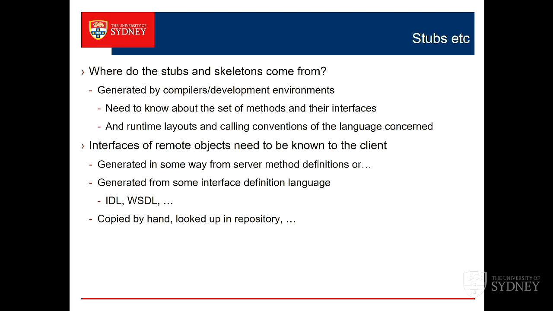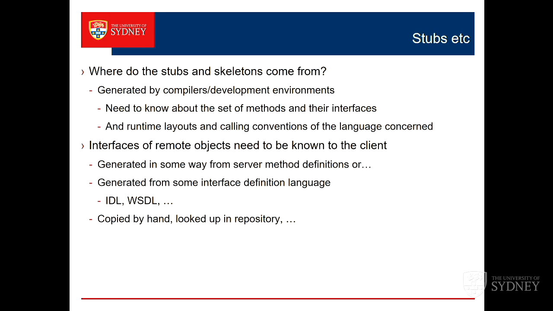So you might say, there's a remote system over there and it's got these services available. I want to call it, and you point your development environment at it and say, go and generate the stuff I need to talk to that, and it will do that. Or I might have an abstract description of a remote service in some language, and there'll be a compiler that'll take that abstract description and generate that code for me.